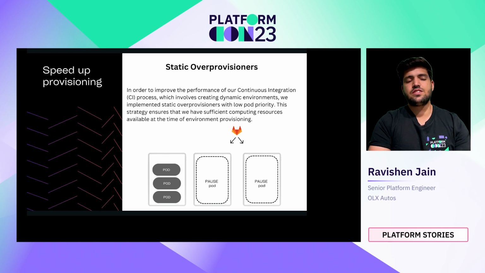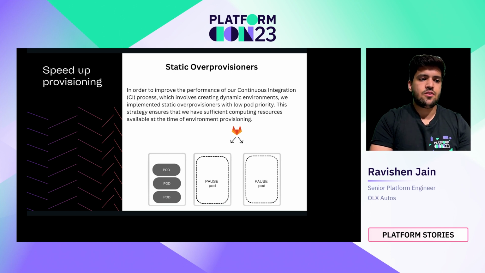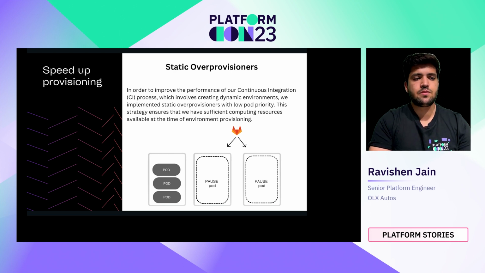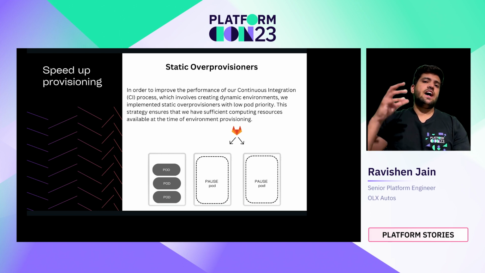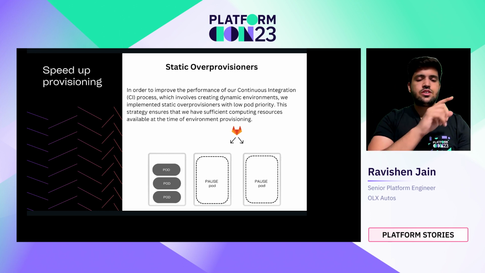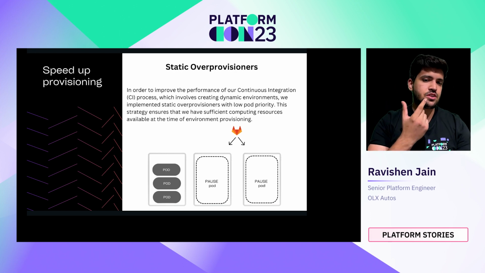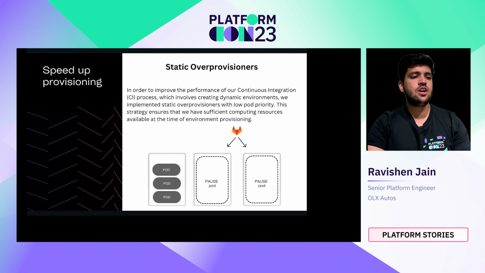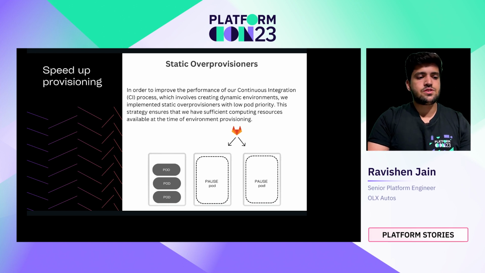So let's say if our CI is triggered, we can use those instances or those nodes to provision the actual workload of the environment. And so they don't have to wait for a node to actually be provisioned or registered with your Kube API server. So we save those precious around 5 minutes of time by making use of those over provisioners.